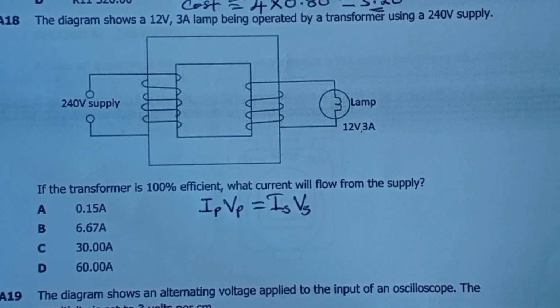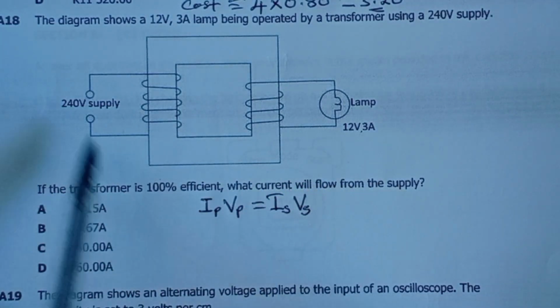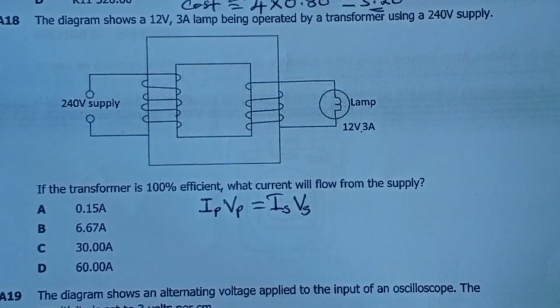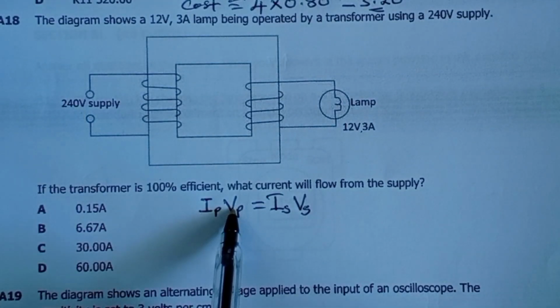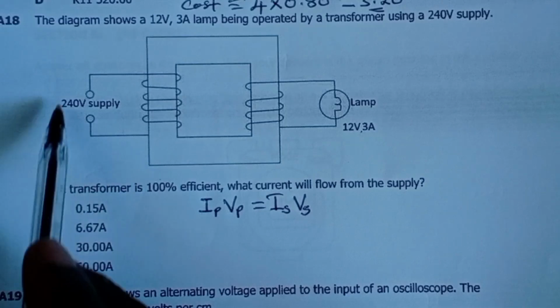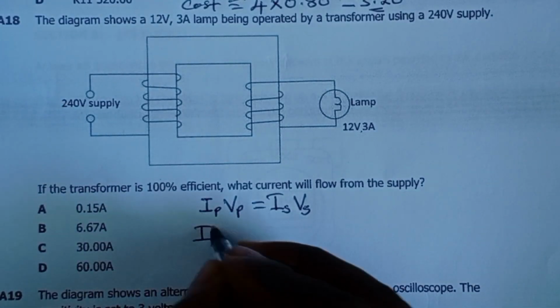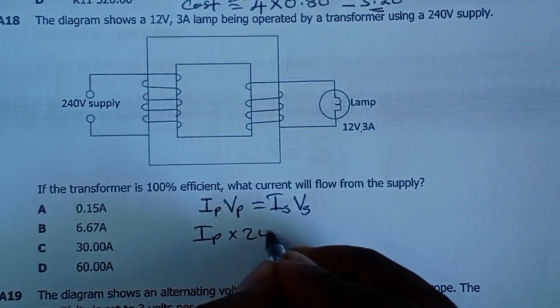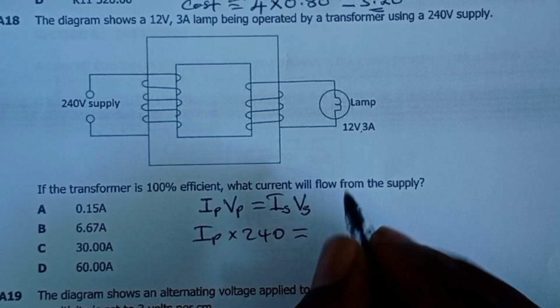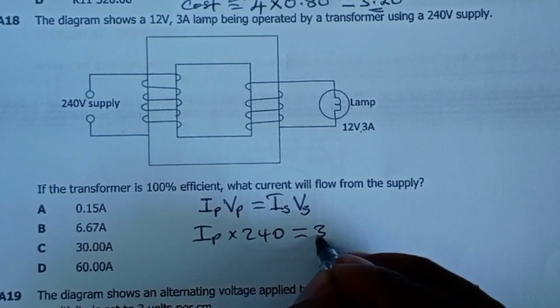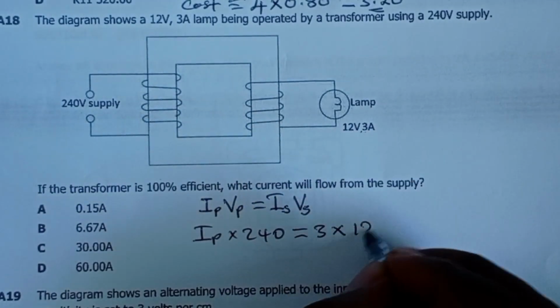That is for an ideal transformer which is 100% efficient. So the input power, this is the formula for power, is equal to the output power. So what do we want? We want current. If the transformer is 100% efficient, what current will flow from the supply? The supply, which is the primary. Do we have voltage to the primary? Yes, it is 240. So current to the primary times 240 is equal to current in the secondary, given to be 3, times voltage there, given to be 12.